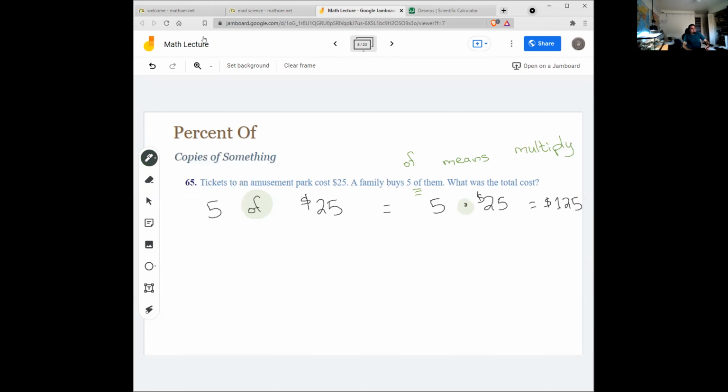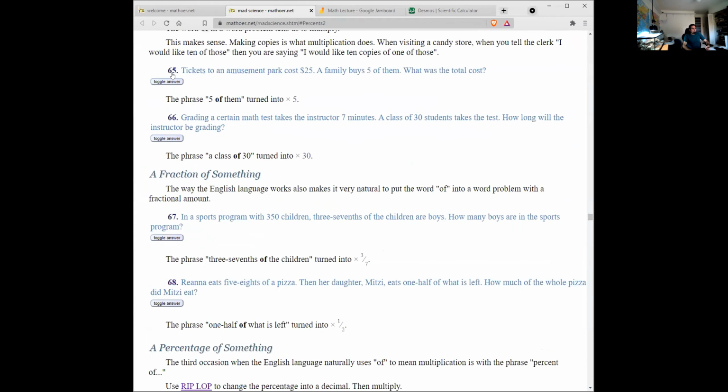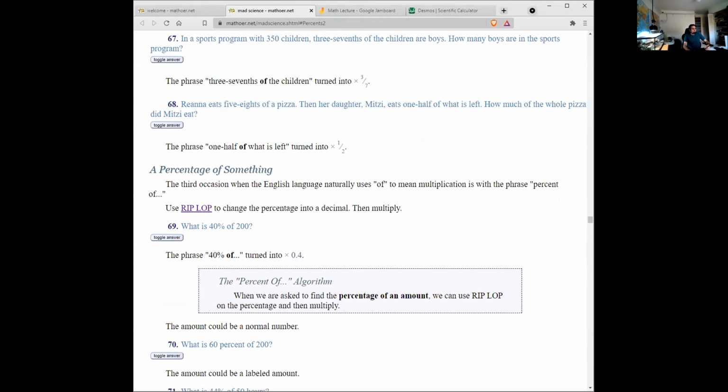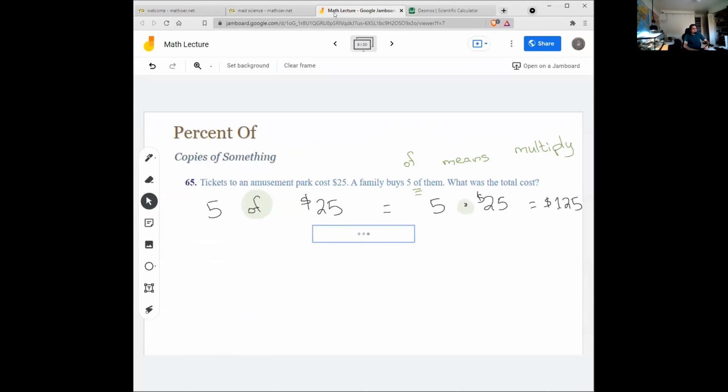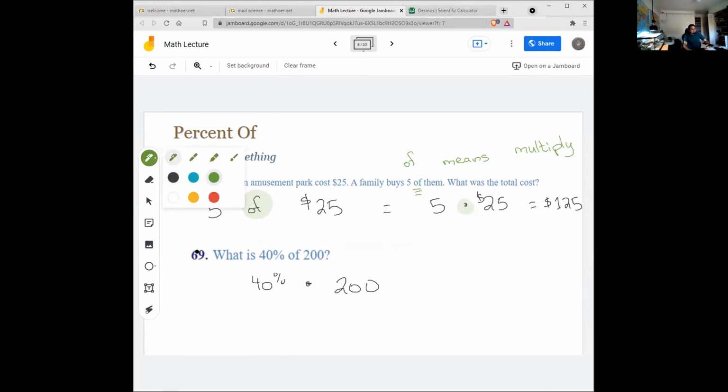That's still true when we have a percent. It doesn't change just because we make a percent. So if we say, what is 40% of 20? That's 40% of means not 20, 200 of the 200. I'll go riplop. Are we going into or out of percent?